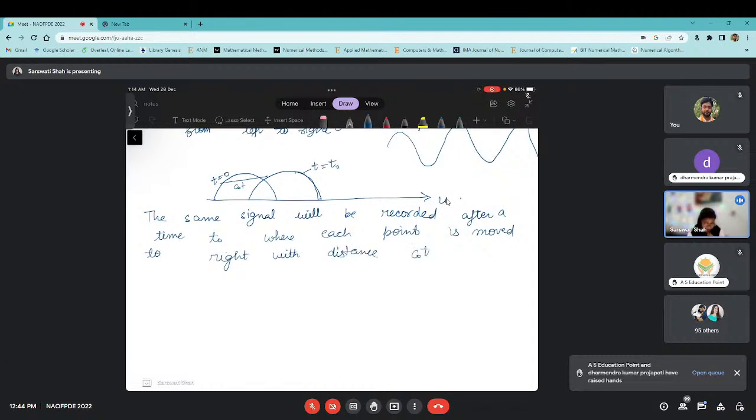Why are we saying that this is moving towards the right? Because this c naught was positive. That pollutant in the stream was flowing from left to right. So that's why each point is moving towards the right, because c naught is positive.